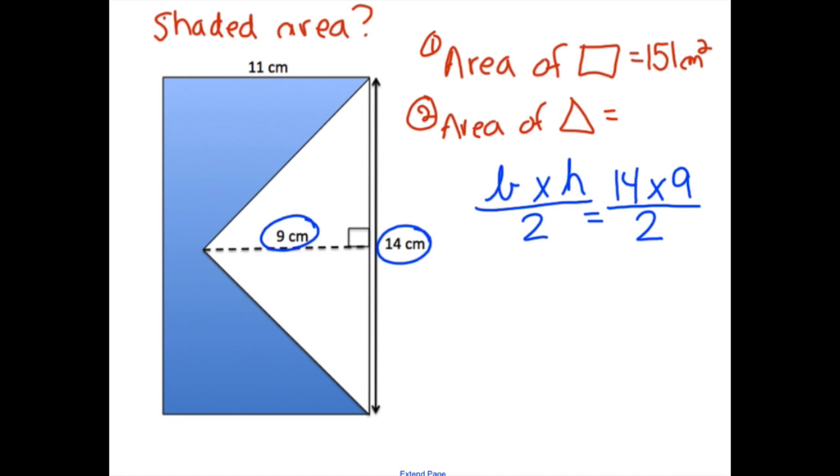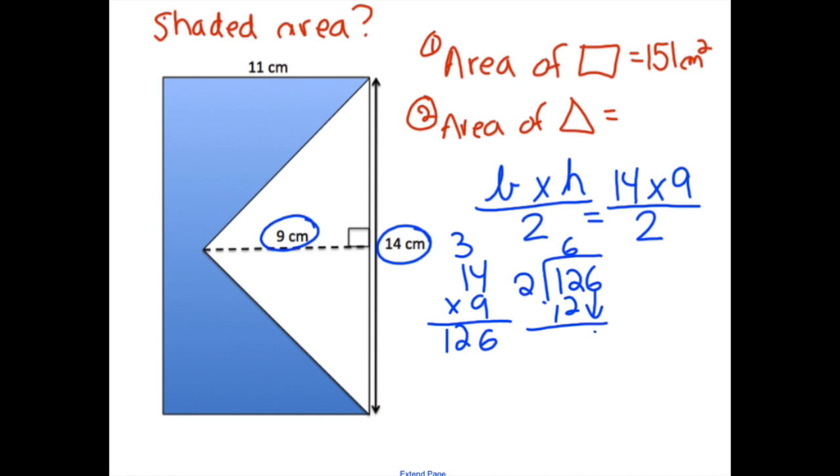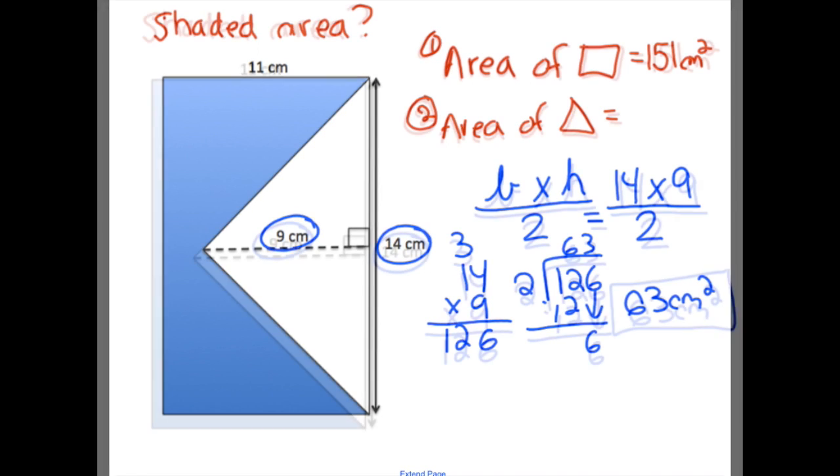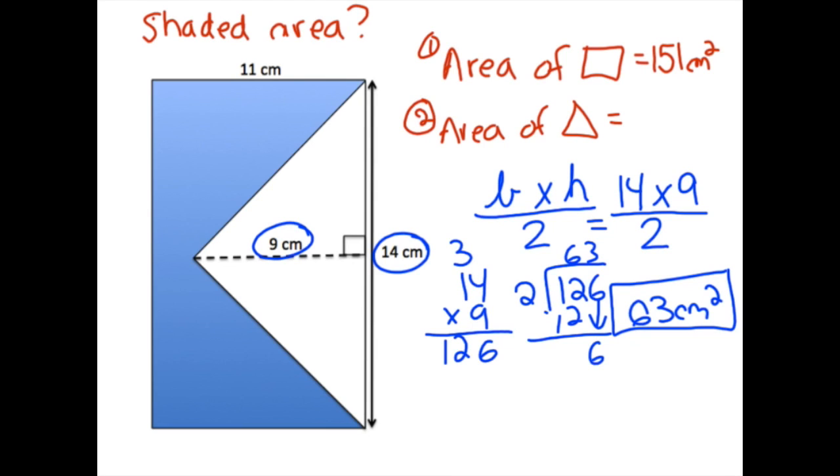So I'm going to solve 14 times 9, which is 126. And then I have to do 126 divided by 2, which equals 63. So the area of my triangle is 63 centimeters squared.